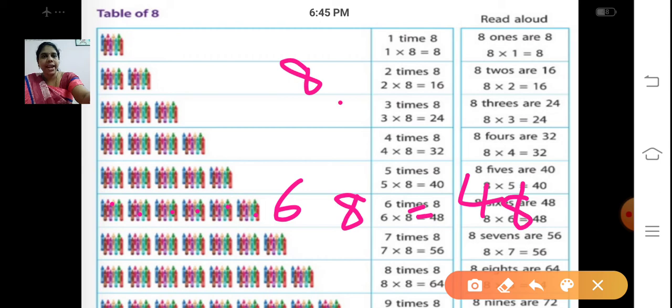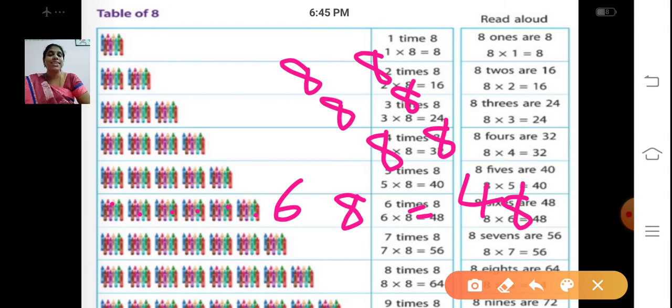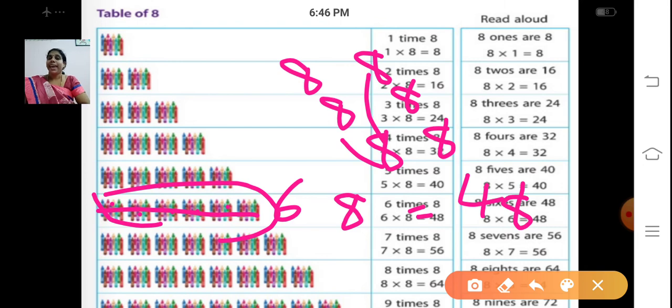So we are going to add 8 6 times. 8 plus 8, 16. 16 plus 8, 24. 24 plus 8, 32. 32 plus 8, 40. 40 plus 8, 48. So you add all together and you'll get 48. 8 sixes are 48.